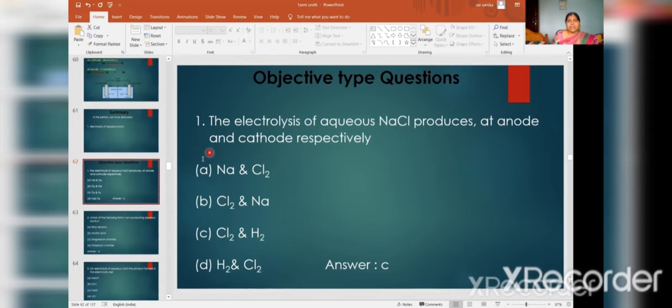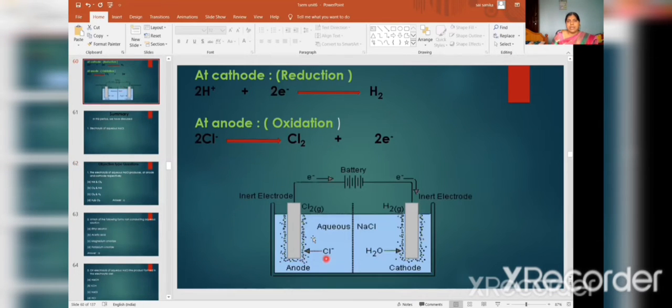Sodium is not depositing, so you omit these two, because sodium ions combine with OH minus ions, so A and B are wrong. So either C or D. Chlorine and hydrogen are liberated, but at the anode which one is liberated, and at the cathode which one? At the anode, chlorine gas. At the cathode, hydrogen gas. So what are the options? At anode, chlorine gas, at cathode, hydrogen gas.